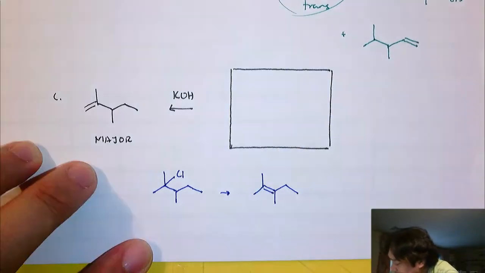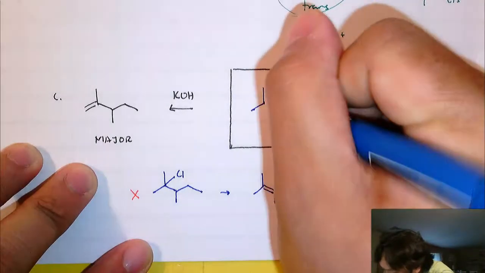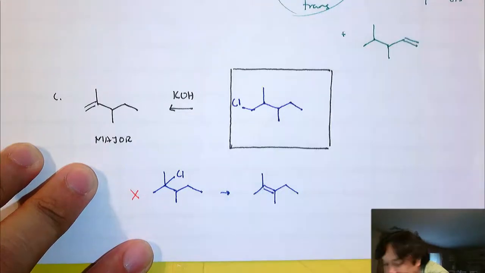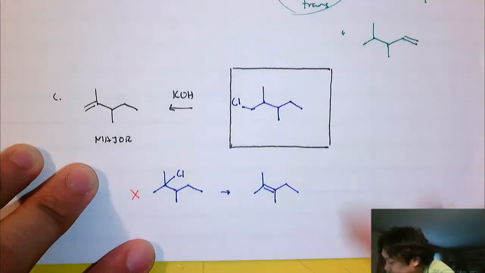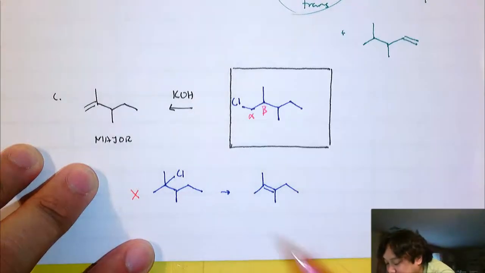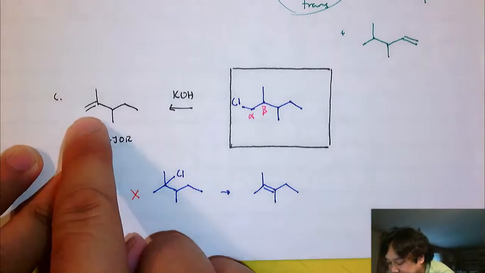So this is no good. So let me put the chlorine on the other carbon, the one on the left, here. And mentally what I'm thinking is, this is the alpha, this is the beta, and actually the only double bond I can make, so therefore it's the major product, is this one.